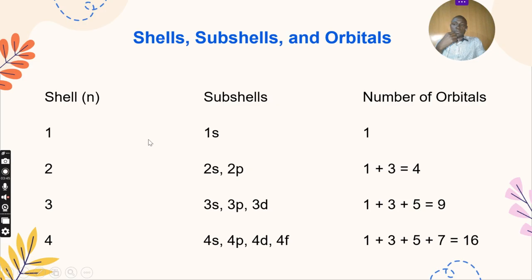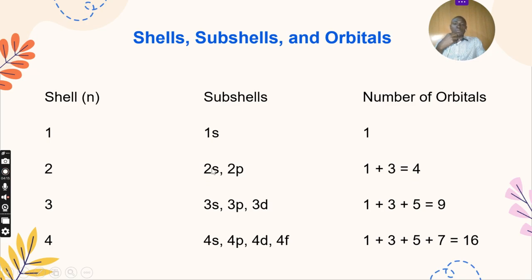Okay, for example, in the first shell, there is only one subshell, and it has only one orbital. So it means the s subshell, or sometimes we call it the s orbital, can hold 2 electrons. In the second shell, there are 2 subshells, the 2s and the 2p.